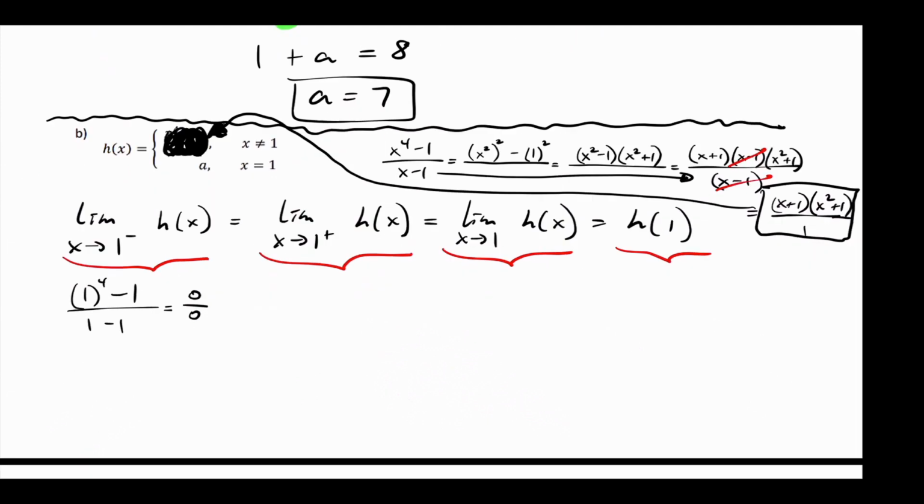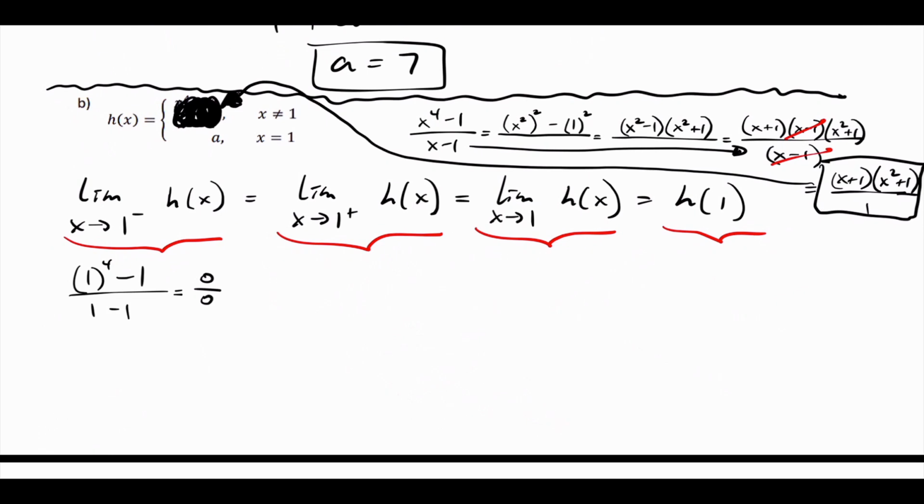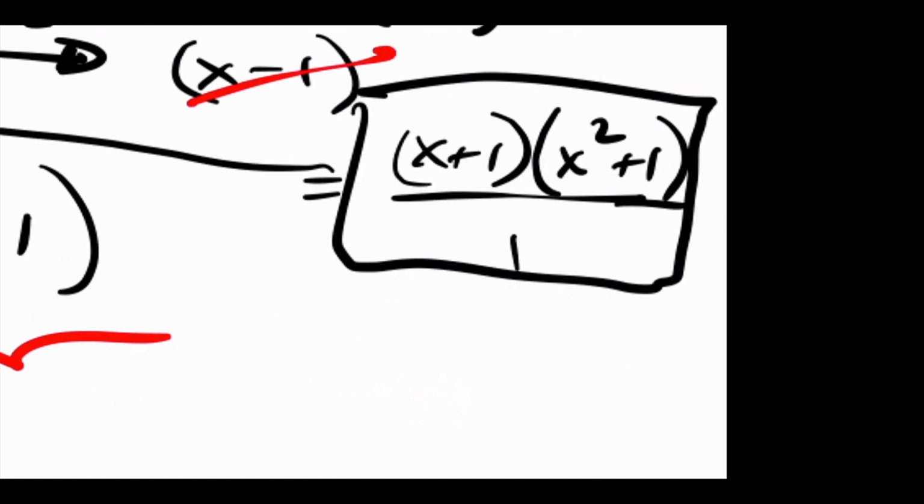Okay, so let me try this again. Let me try the first step again. I'm going to plug in 1 to the top. But the top is no longer what it was. The top is actually this guy over here.